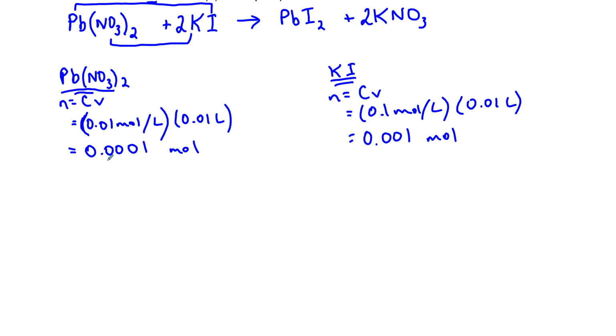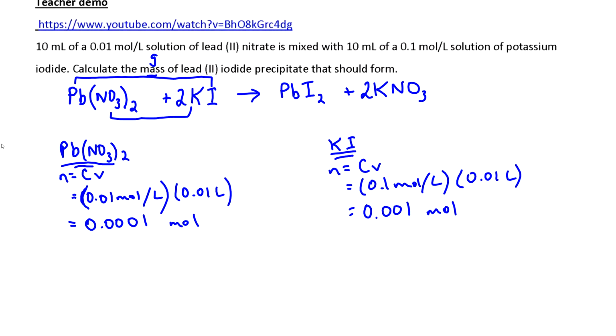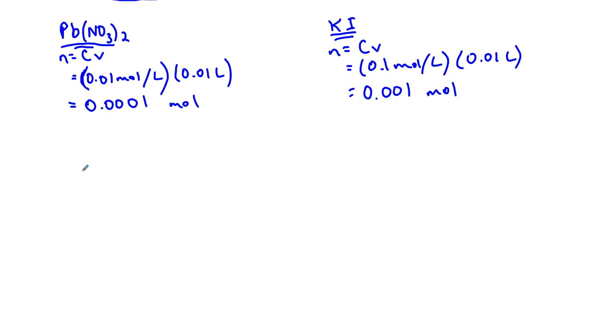Okay, so now that I have dealt with this solution part of it, we just go right back to our stoichiometry and we're going to work our way from moles of each reactant to grams of the product that we're interested in. The question is asking us about lead 2 iodide, so I'm going to convert to lead 2 iodide because that'll make my life a lot simpler.